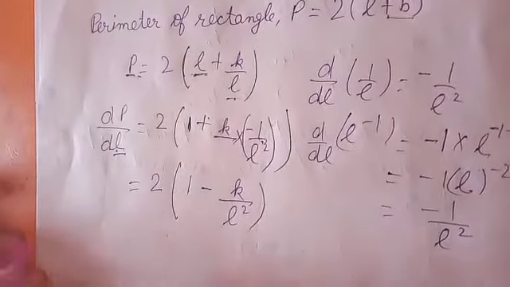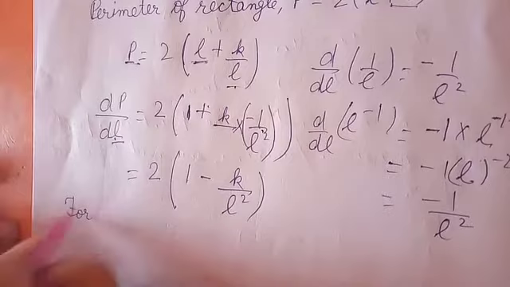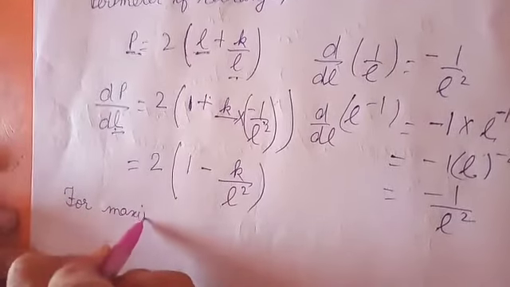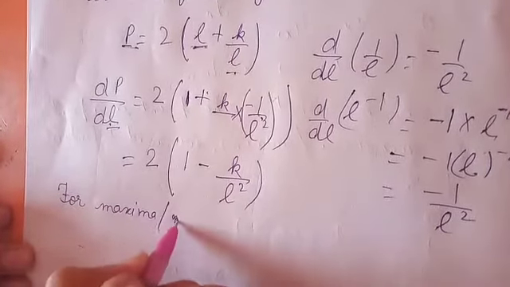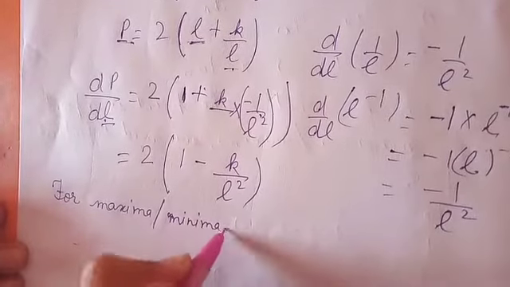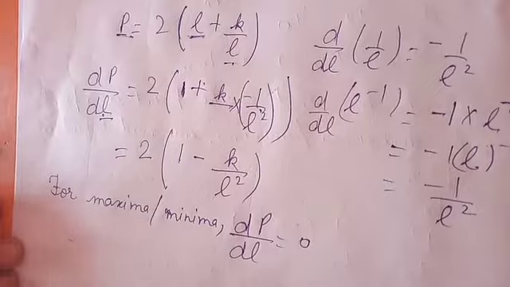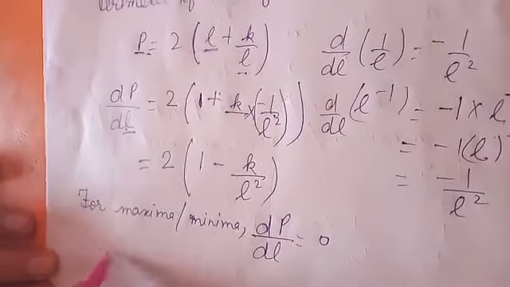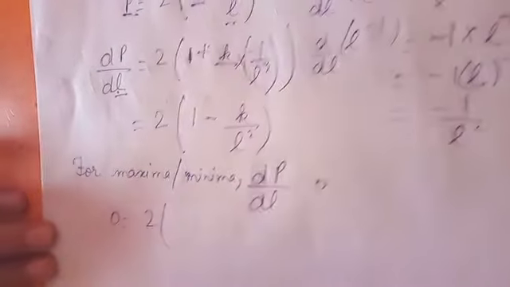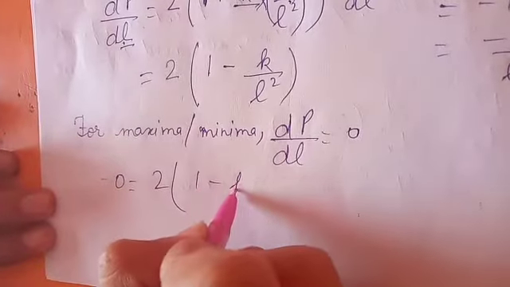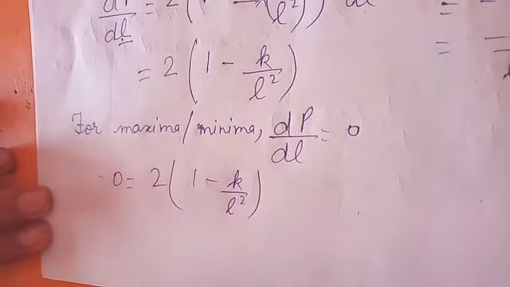Now for extreme values, means for maxima or minima, we have to put our first derivative equal to 0. So we get 0 equal to 2 into 1 minus K by L square.